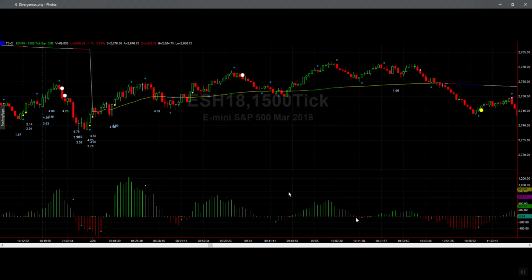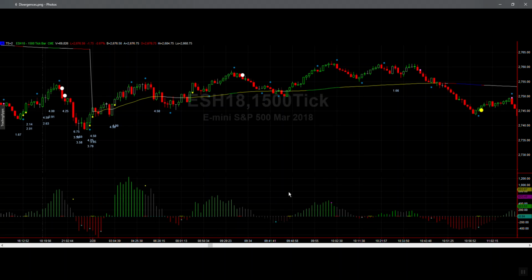And then right here, these are a little red bars, but in general, if they were just small gray bars, then that identifies a pullback. That's in an uptrend.